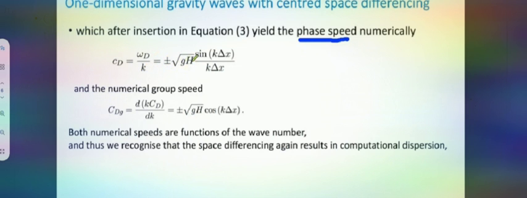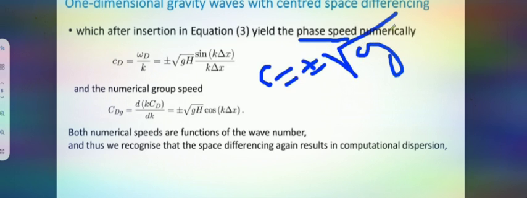Analytical value was C equal to plus minus square root of gH. But here the numerical phase speed becomes plus square root of gH, and additionally this term has come. If they are of the same order, then this will come as 1, which will be equal to the analytical phase speed.